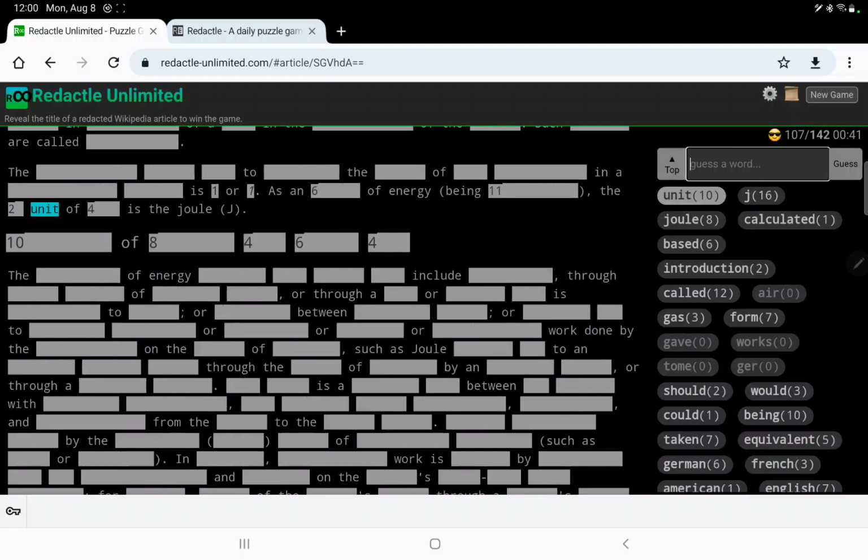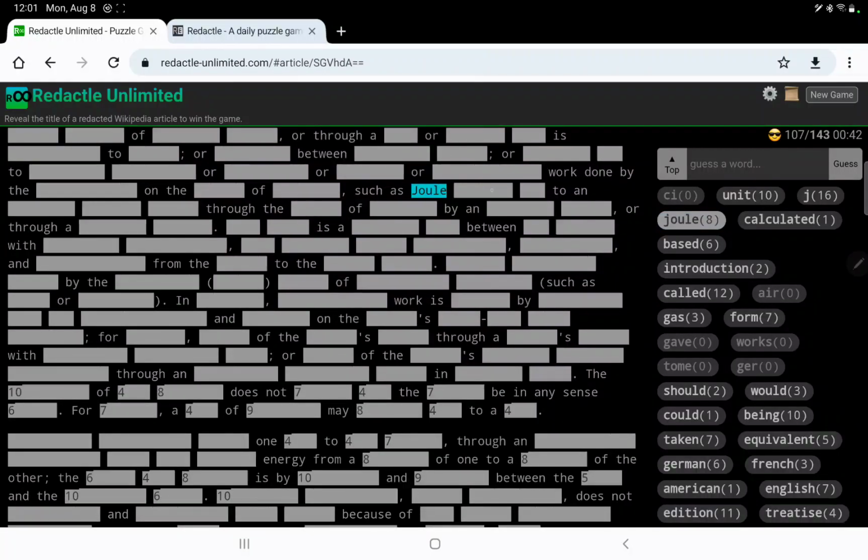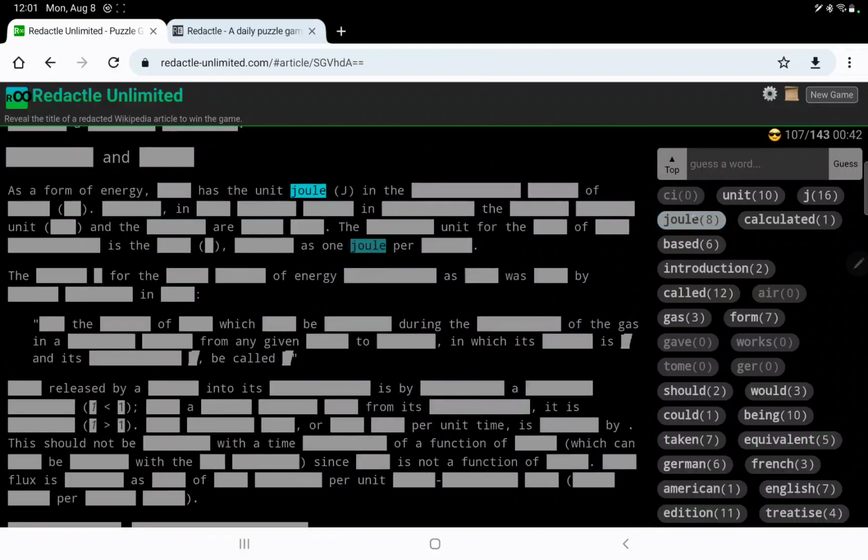Oh, the, what do they call that? The CI unit? No, oh my goodness, I should know that 2-letter abbreviation for the international organization that's standardized. Um, oh my goodness, well, let's look at our joules, such as joule 7.3 as a form of energy.